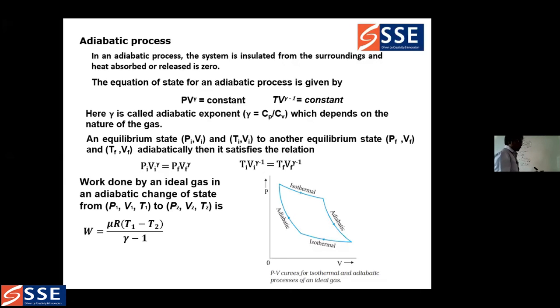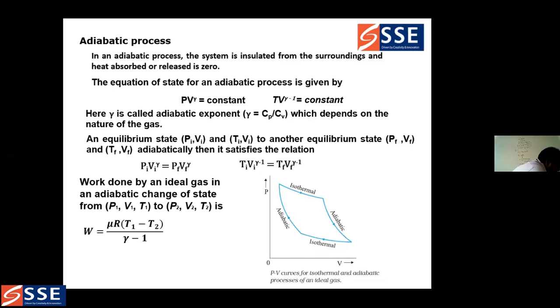Like that, here PiVi^gamma is equal to PfVf^gamma. Next, for temperature, TiVi^(gamma minus 1) is equal to TfVf^(gamma minus 1).